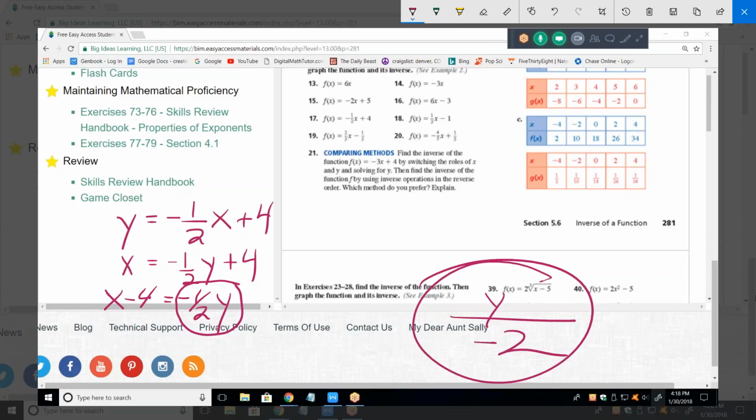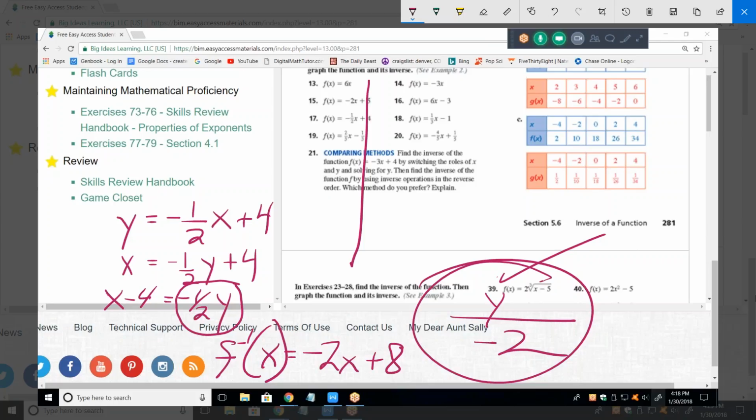It's just that when I write it like this, you can clearly see that the 2 is a denominator, which means I've got to multiply by -2. So -2x plus 8 equals y. Yep. -2x plus 8. And I'm going to just say straight away that that's equal to f inverse.